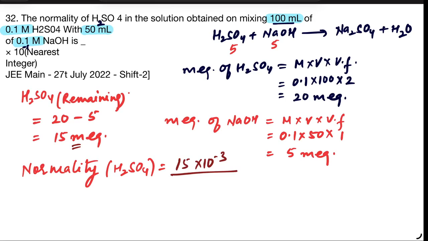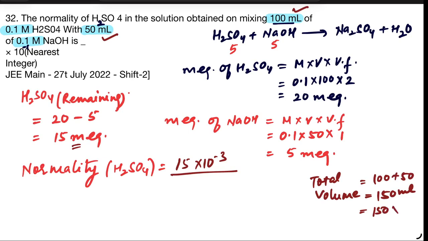Now what will be the volume of solution? 100 ml of H2SO4 is mixed with 50 ml of NaOH. So total volume of solution is equal to 100 plus 50, which is equal to 150 milliliter, and to convert it into liters, this will be 150 into 10 to the power minus 3 liter.